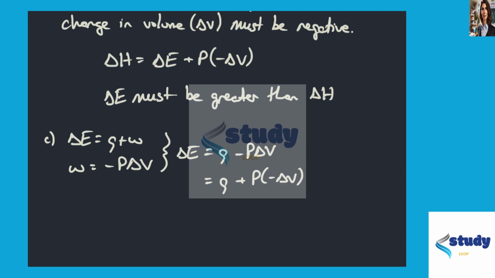And here again, delta E is greater than delta H. So delta E is greater than Q, or Q is our enthalpy. We can substitute delta H in there.